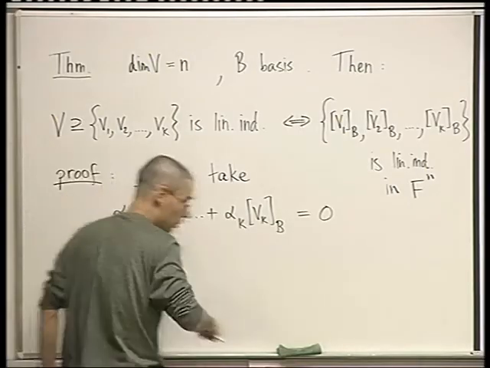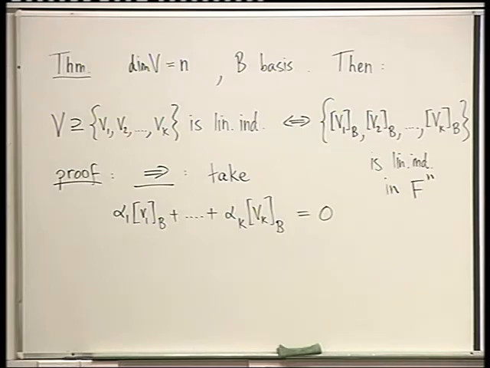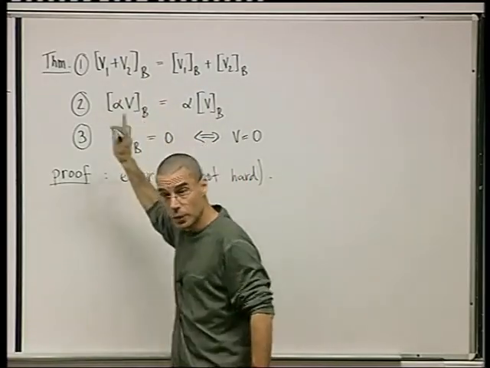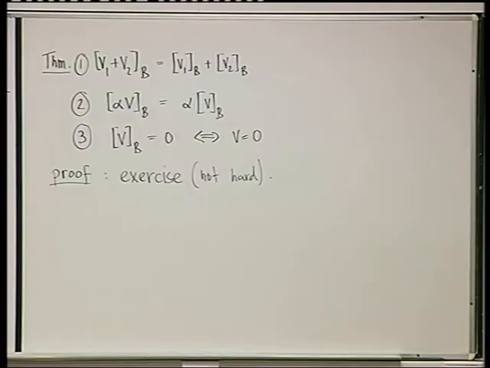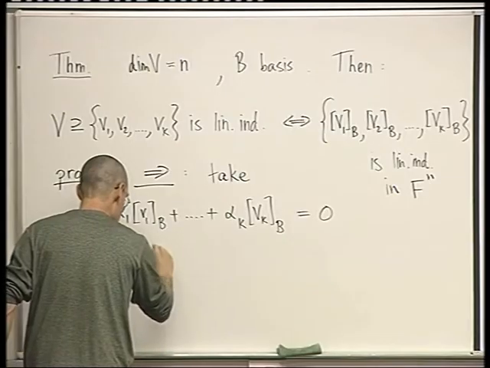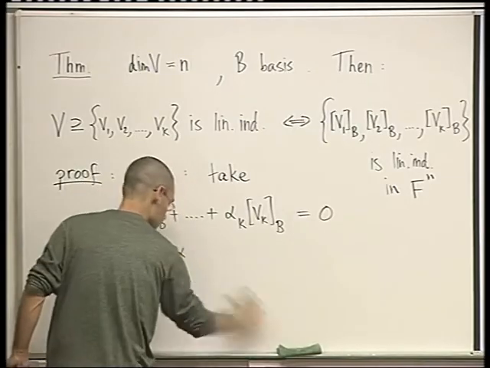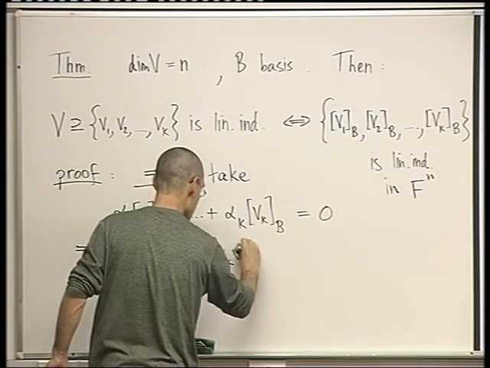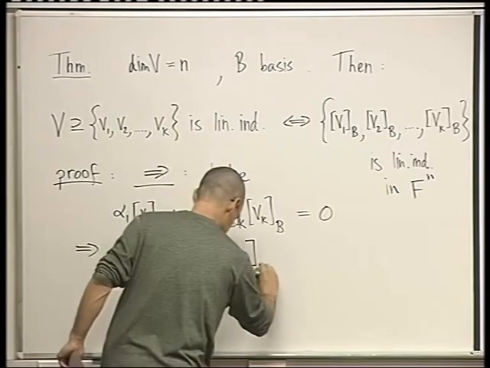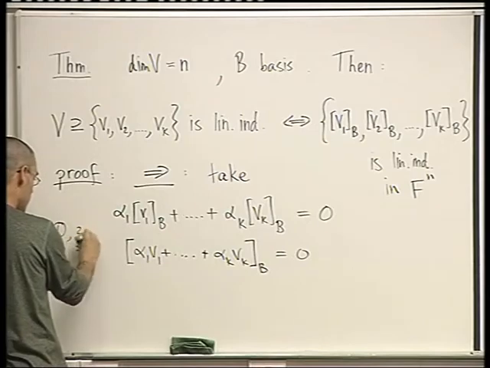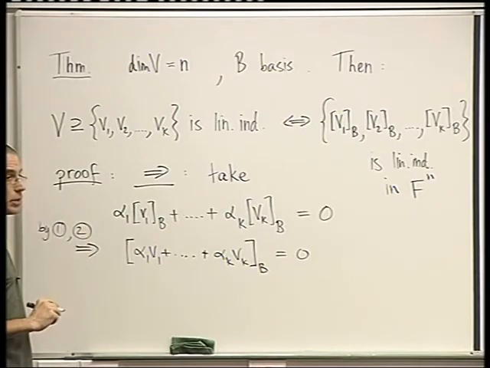So the alphas can be absorbed into the coordinate vector, and then the addition can be absorbed into the coordinate vector. That's what I'm using. So if the linear combination of these is 0, then the coordinate vector of alpha 1 v1 plus ... plus alpha k vk is 0. This is by parts 1 and 2 of the previous theorem. Do you agree?